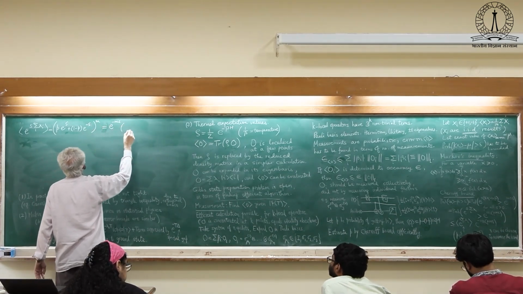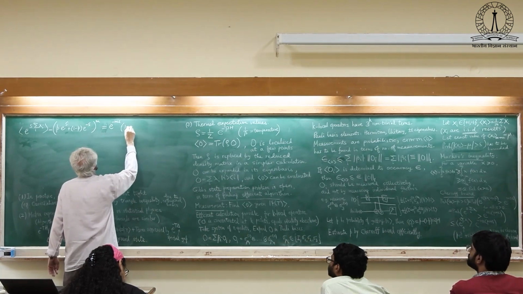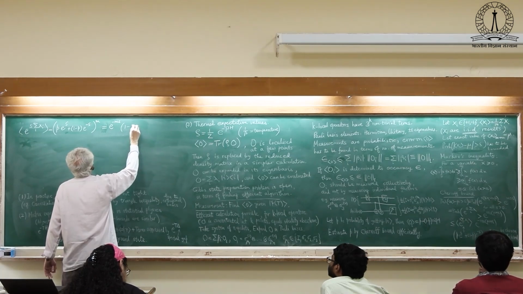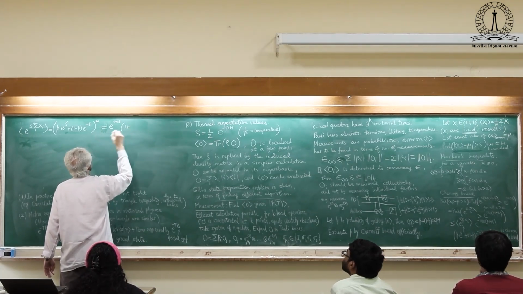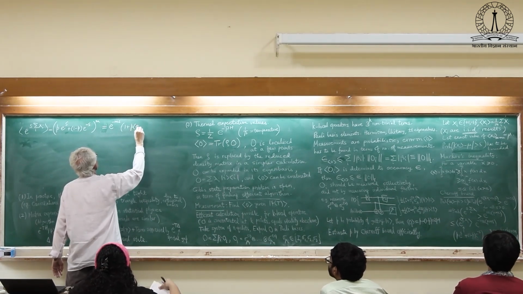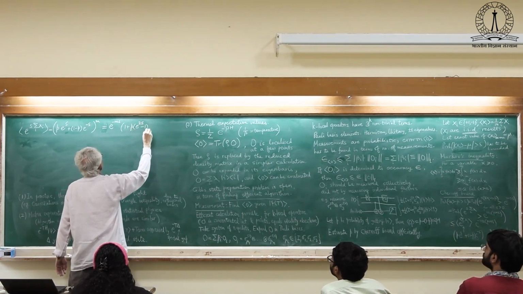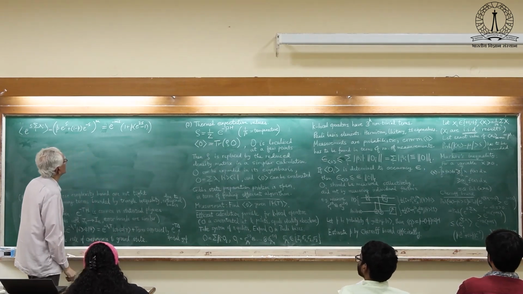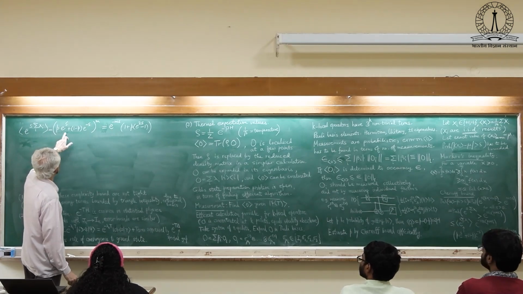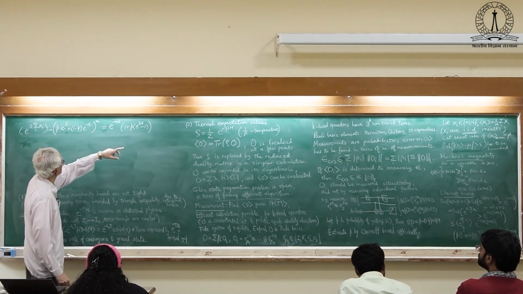I factor out this quantity completely: 1 minus, or plus, p times e raised to 2s, simply minus p. Okay.